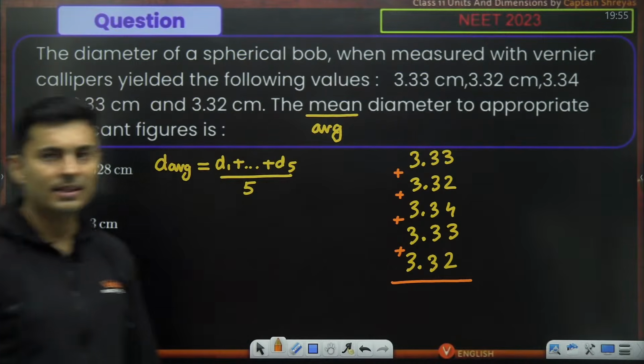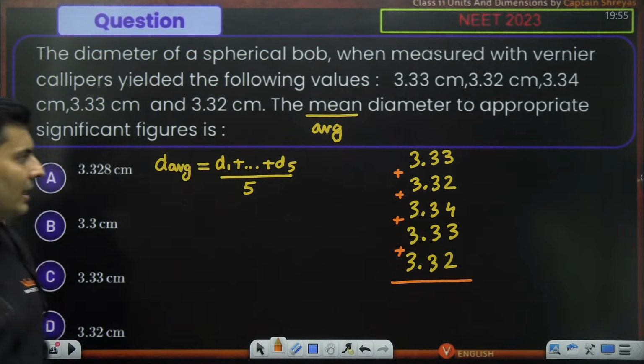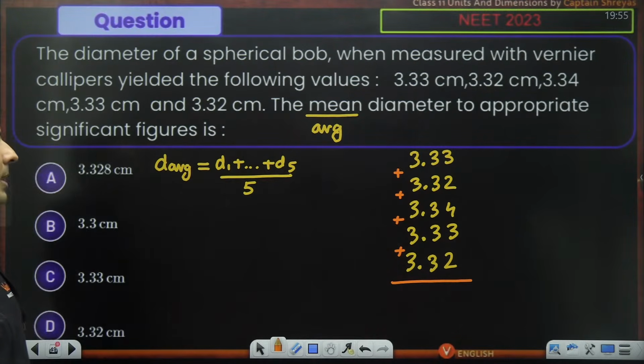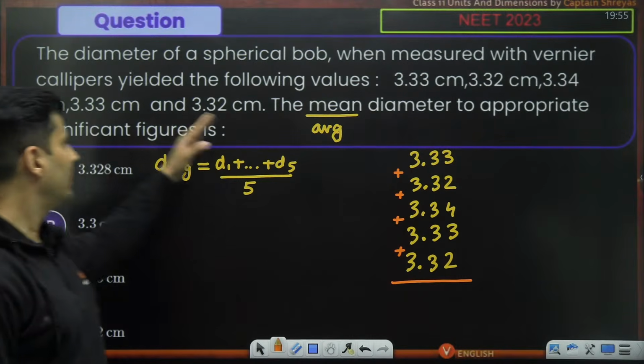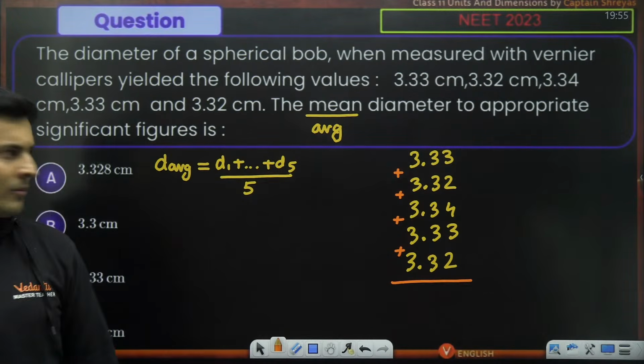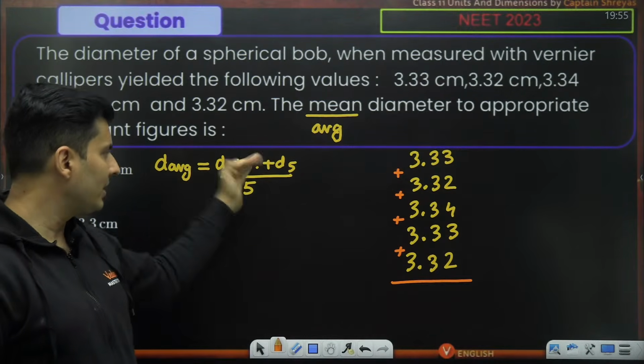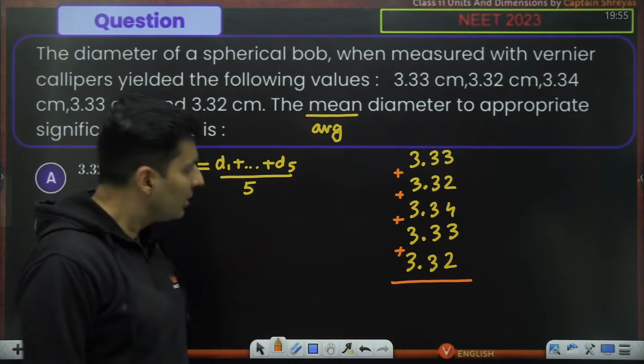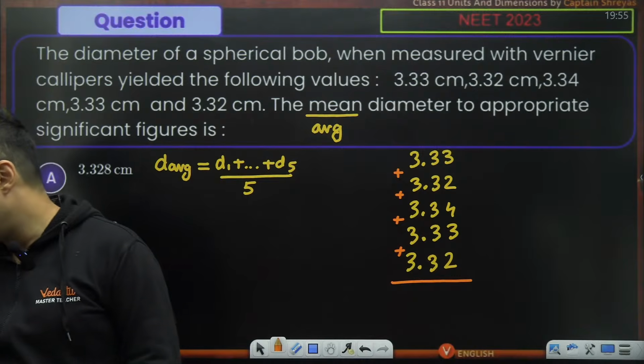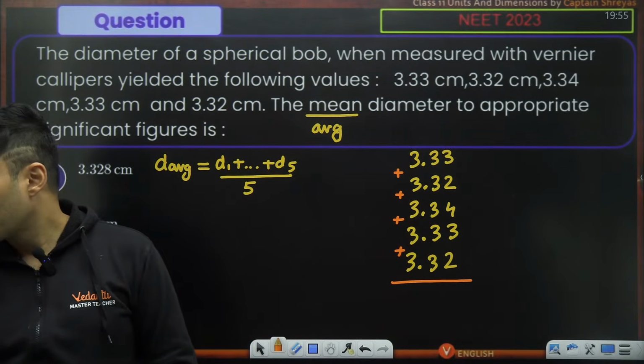Just add all these things: 3.33, 3.32, 3.34, 3.33 and 3.32. Just add them. First we are doing the numerator calculation. Just adding all the diameters, then we will divide by 5 later on. Not yet. Just add it and tell me, guys. Quickly.